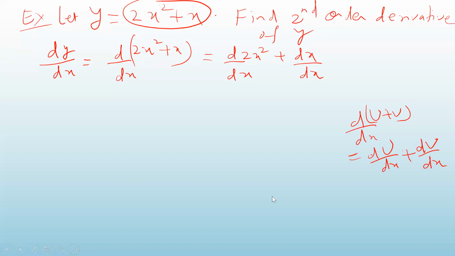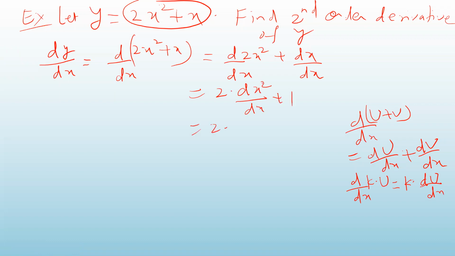Okay. Now what is derivative of 2x square? I am applying the second rule, that is derivative of k times u, scalar multiplication. So k is taken out and we take the derivative of u. So here 2 will be taken out into derivative of x square. And here derivative of x is nothing but 1.